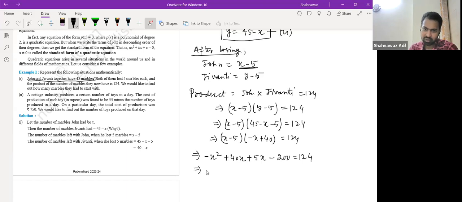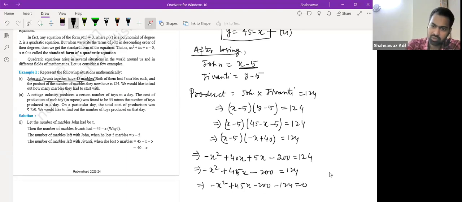So this is minus X square, this is 40X, 45X, and then minus 200, which is 124. So minus X square plus 45X minus 200 minus 124.